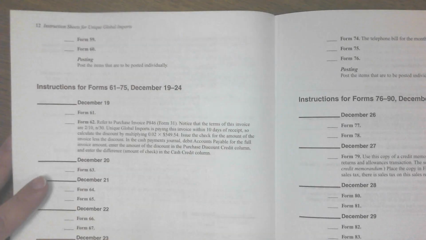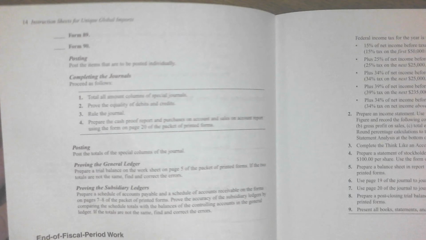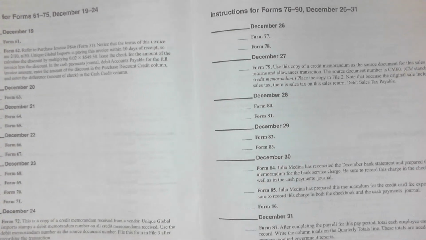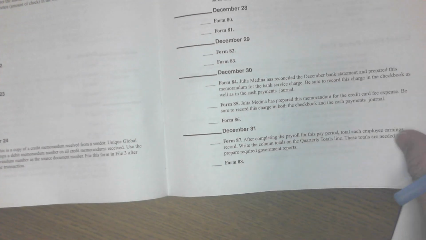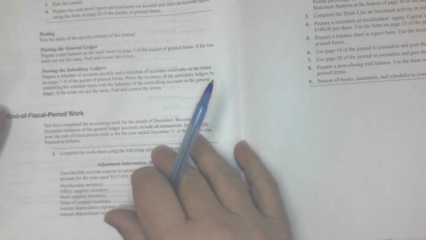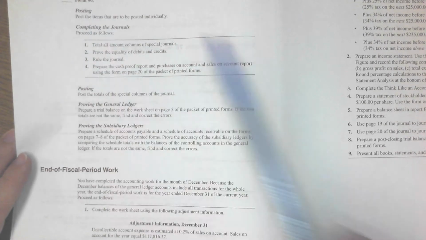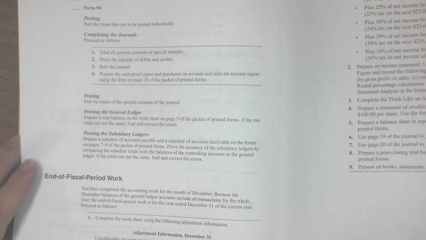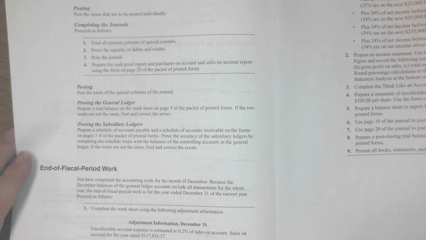And this should just go through the end of December. So December 31st will be the last day. Then we'll have a worksheet for the end of the month. And all this good stuff for our taxes.